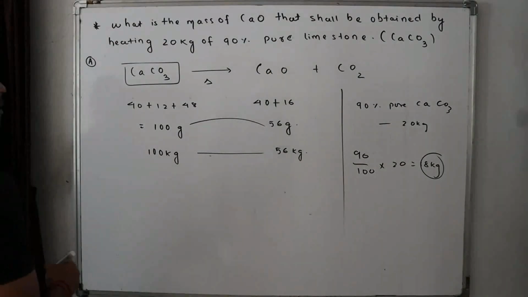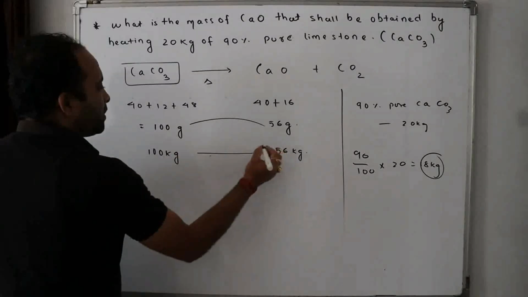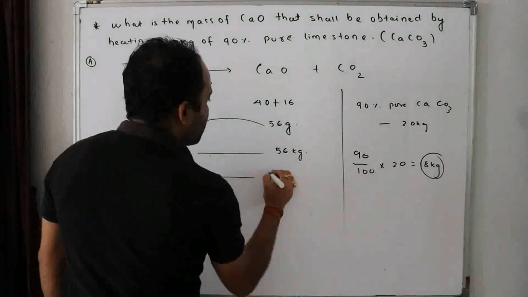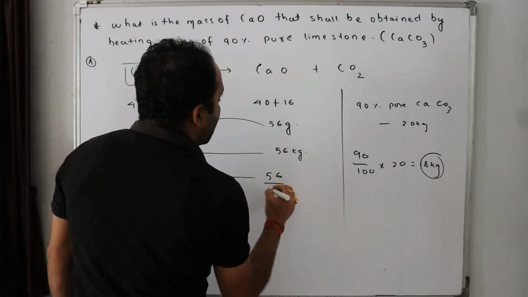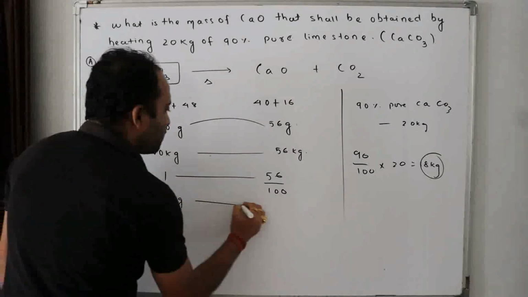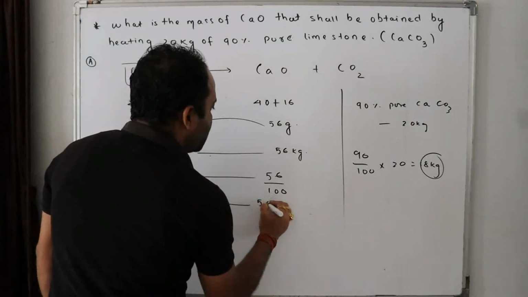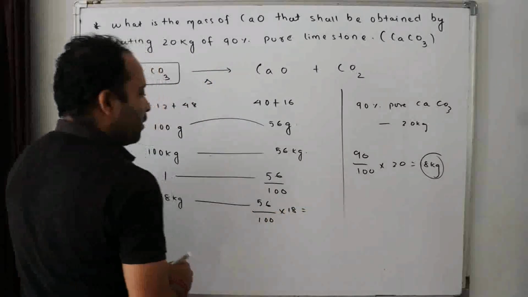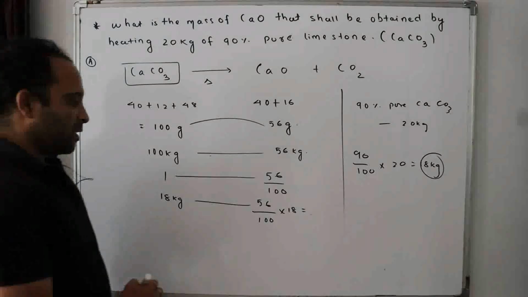Clear? Now 100 kg gives 56 kg. So 1 kg will give 56 by 100 CaO. Now 18 kg will give 56 by 100 into 18. Okay? Please calculate.